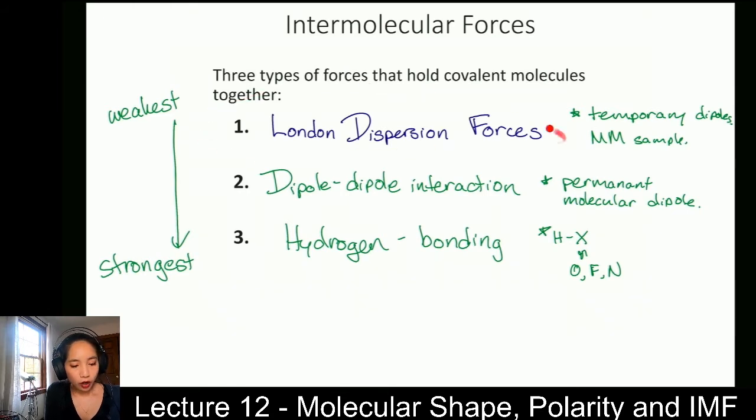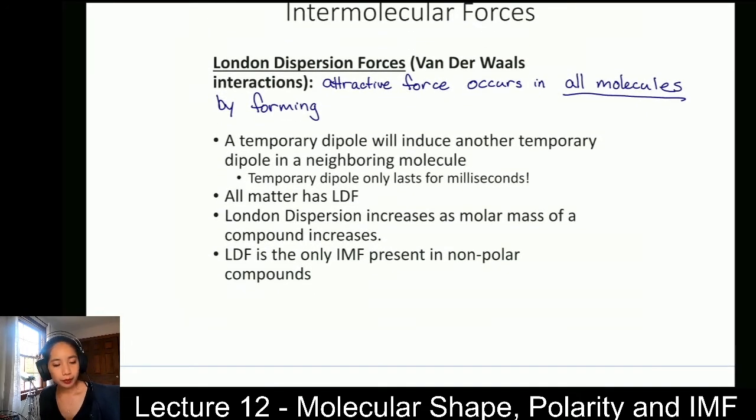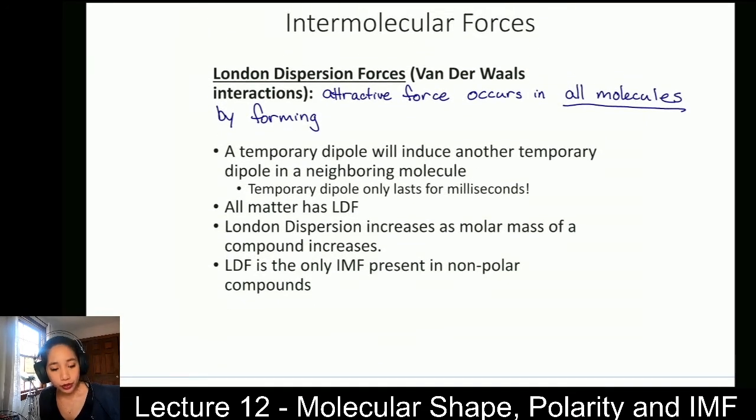So let's talk about our weakest one first, which is London dispersion forces. So London dispersion forces also are called van der Waals interactions, or sometimes we'll just call it dispersion. All matter, all molecules, all samples have London dispersion forces. It's the weakest force. It has to do with interactions of moving electrons, electron clouds.